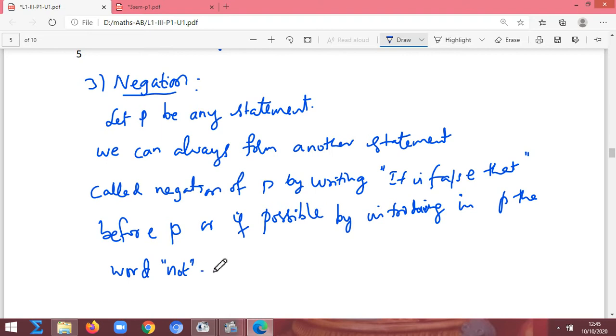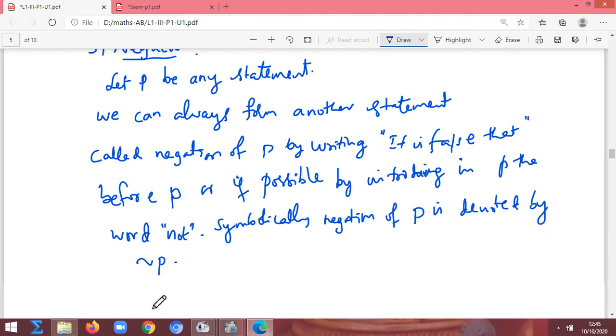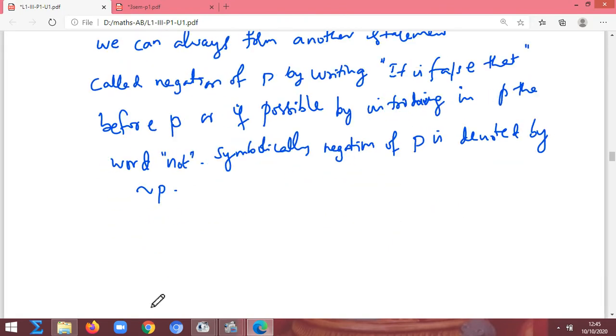So symbolically, negation of P is denoted by negation P, like this. Okay. So this is very simple.